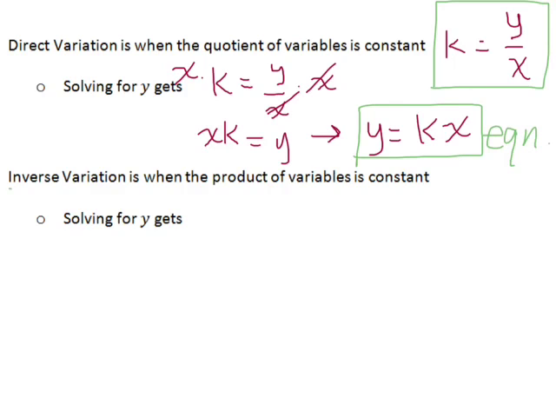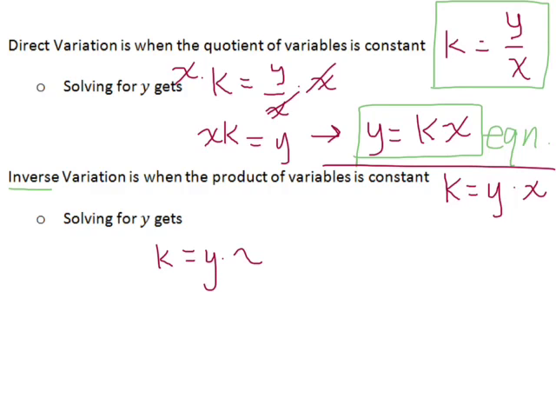Inverse variation, on the other hand, is when the product of variables is constant. So for the product to be constant, that would mean k equals y times x. Now if we take that equation, k equals y times x, and we solve for y, we divide both sides by x, and we get y equals k over x.